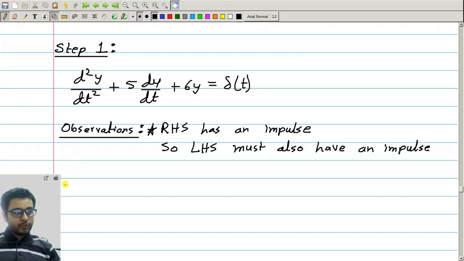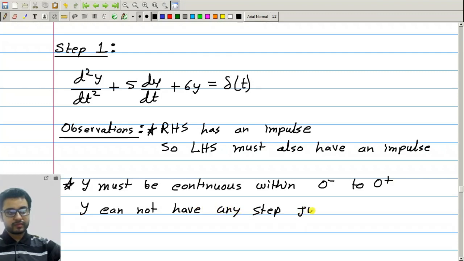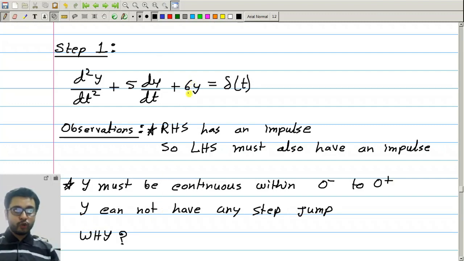Now the second observation is that y must be continuous in this region, 0 minus to 0 plus. That means y cannot have any step jump. Why? Because if y has a step jump, then when you differentiate y, you will get a delta function.